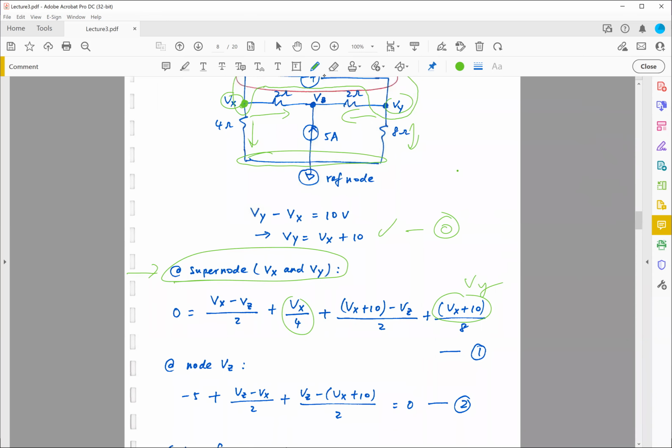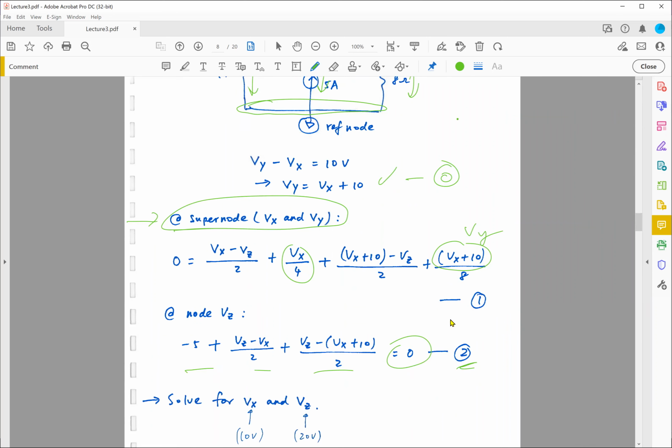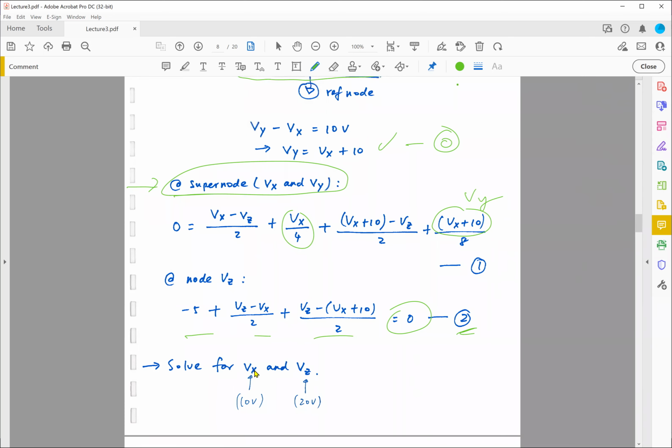Three terms, because I have 3 branches. This current, and this current. Okay, 1, 2, and 3 sum to 0. This is equation 2. So 2 equations, right? And we can solve for Vx and Vz. Okay, and from there you can figure out what is Vy, right?